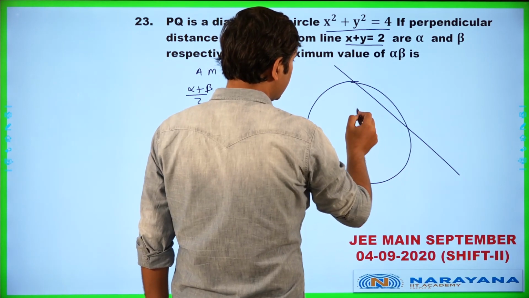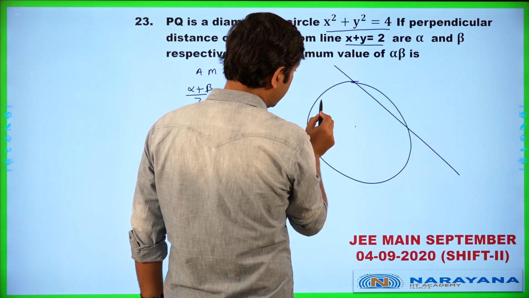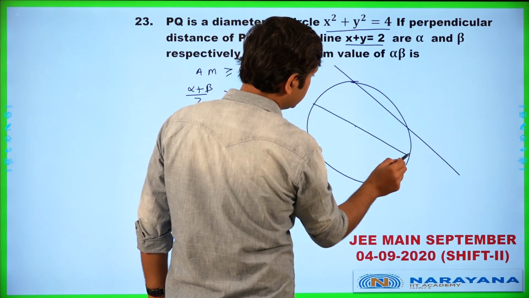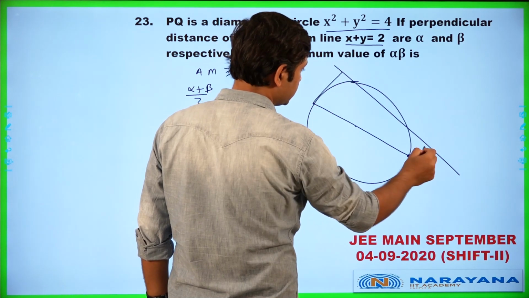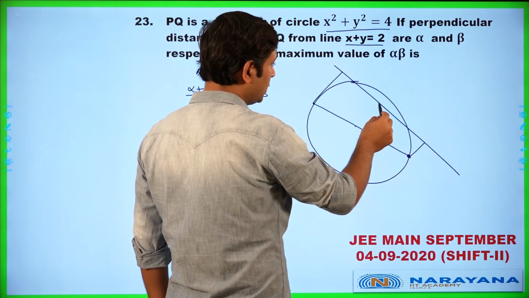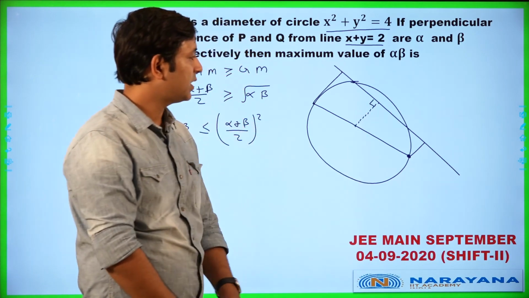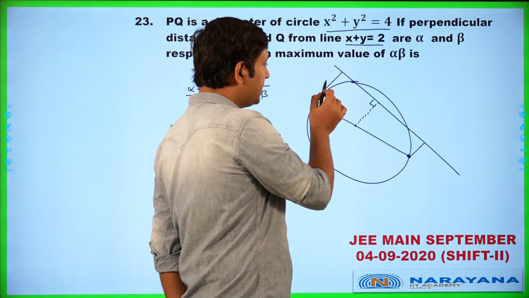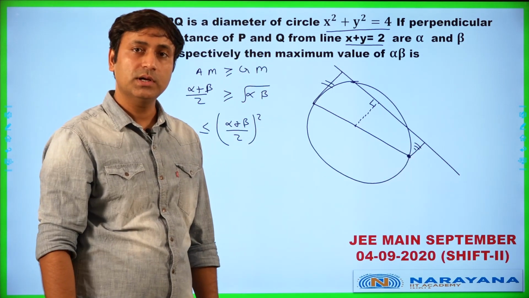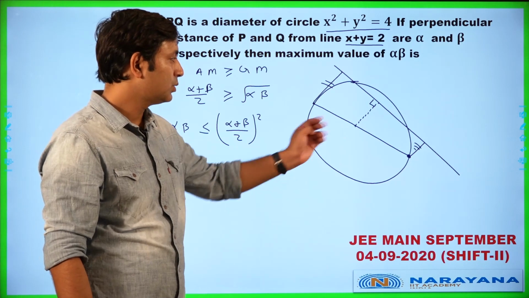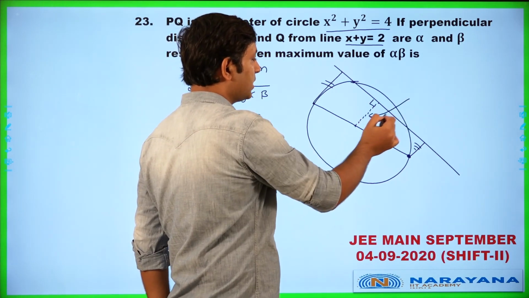If you take any other chord that is a diameter and you find these perpendicular distances, then we know that this perpendicular distance from origin to the line x plus y is equal to 2 will be the mean of these two perpendicular distances. Which means (alpha plus beta) by 2 is this quantity.